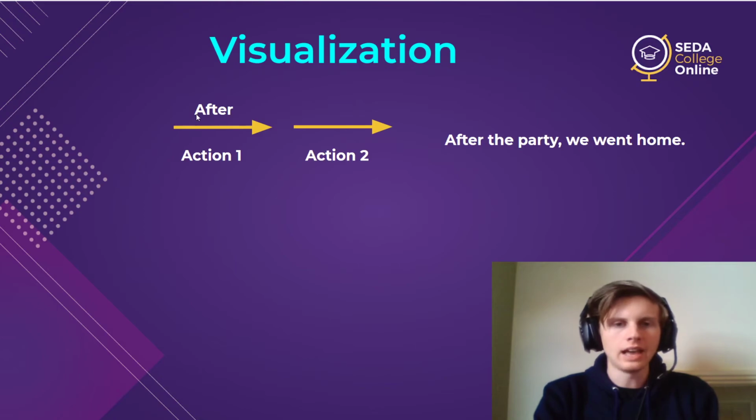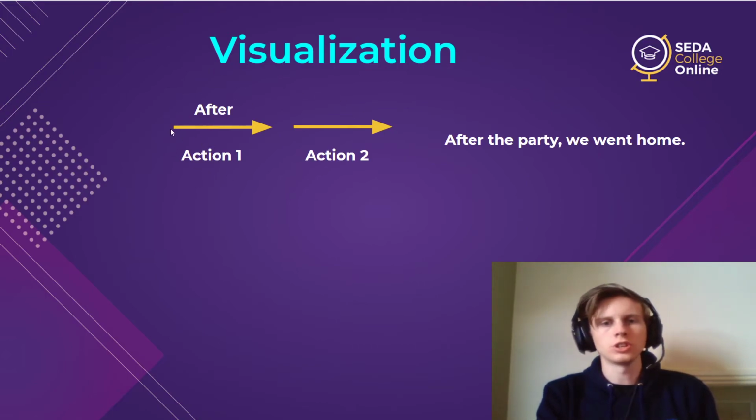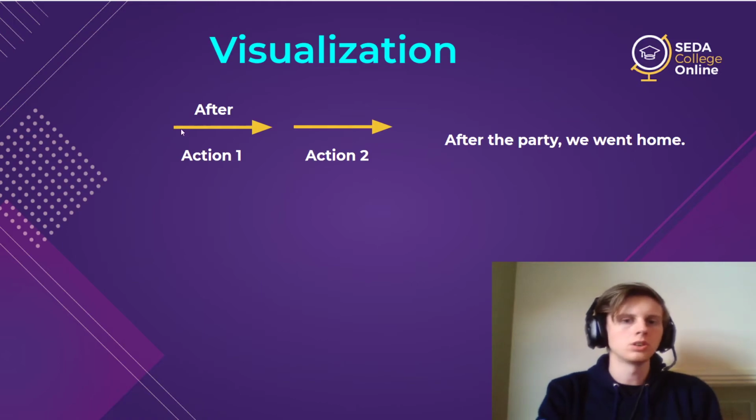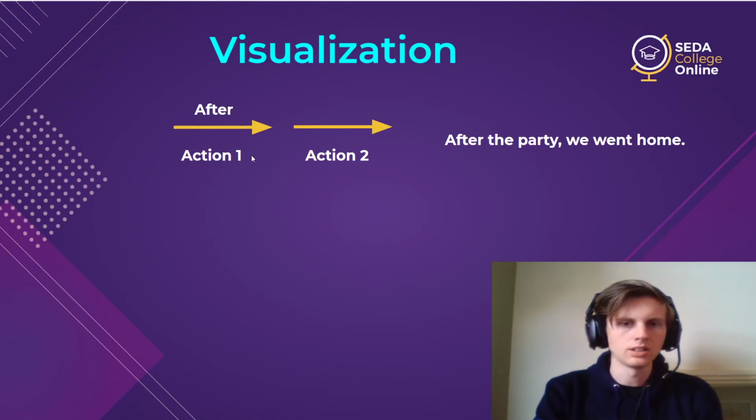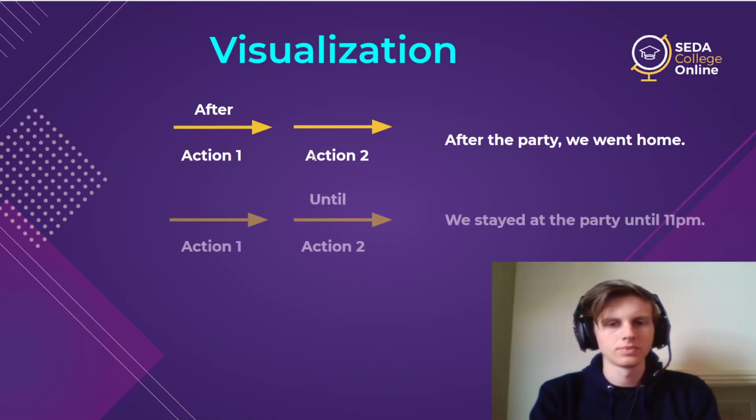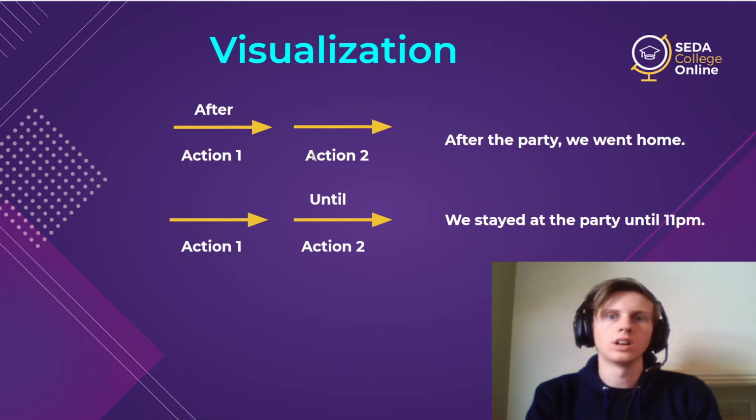And so I use after to say this happened, then this happened. This is how after is used. It's used to show that event two happened after event one. So after the party, we went home. Whereas until is the opposite.